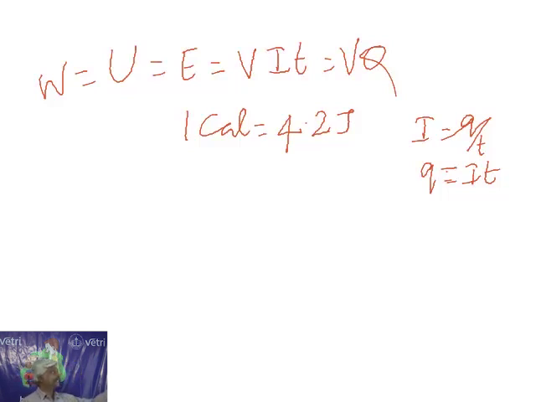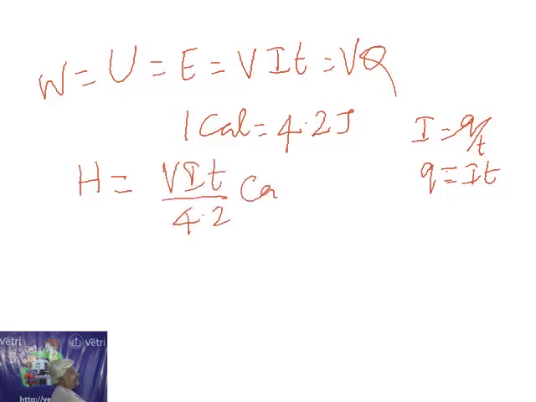Therefore, how much heat is developed? VIT by 4.2, since this work done is taken as energy. Therefore the heat energy developed is simply VIT by 4.2 calorie. Also, we know the energy formula as I squared RT. Why?